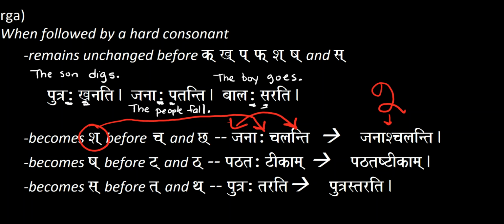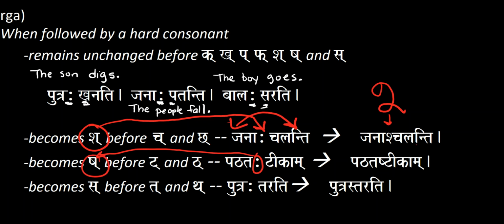So now for the next rule, the visarg becomes a sha before a ta and tha. So we have partataha tikam becomes partatash tikam. So this visarg is going to turn into a half sha.